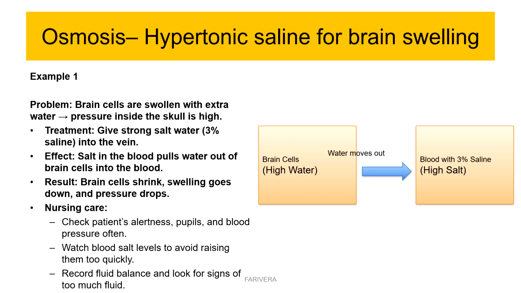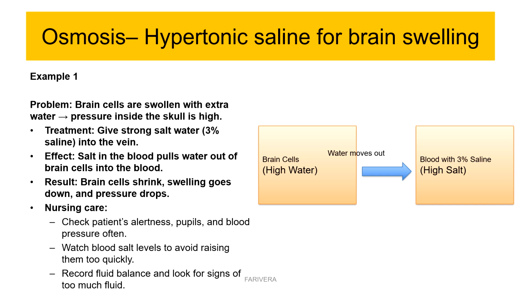Okay, so this particular slide gives you a clinical application of osmosis. Imagine that the brain cells contain excess water and are swollen. Because the skull is a closed space, increasing swelling can increase intracranial pressure.